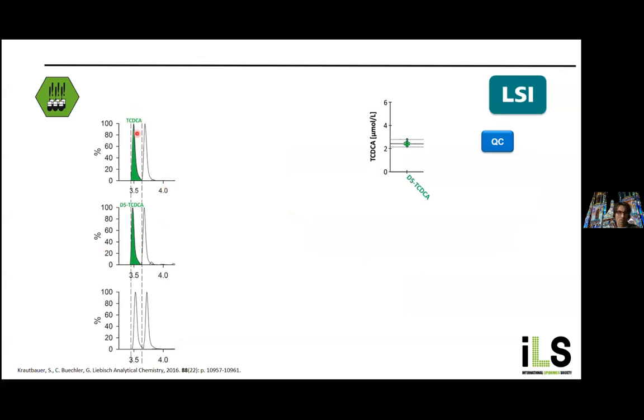And obviously you have almost perfect co-elution of your analyte and your internal standard. These are the quality controls, and you see quite good precision and accuracy when we are using that.